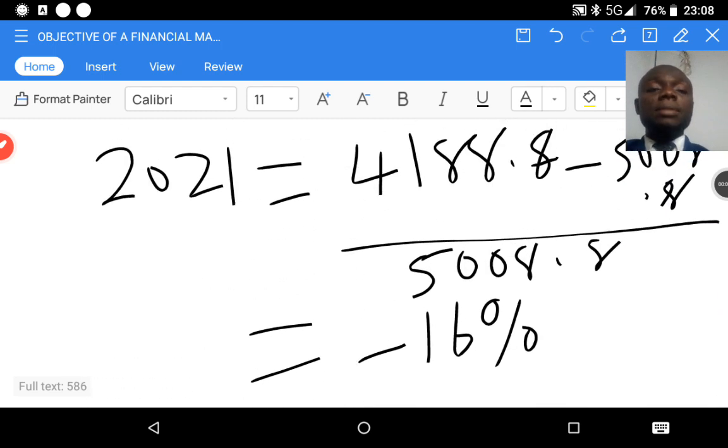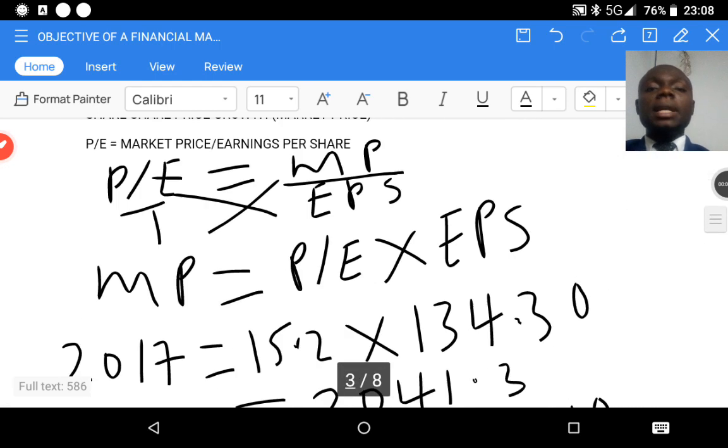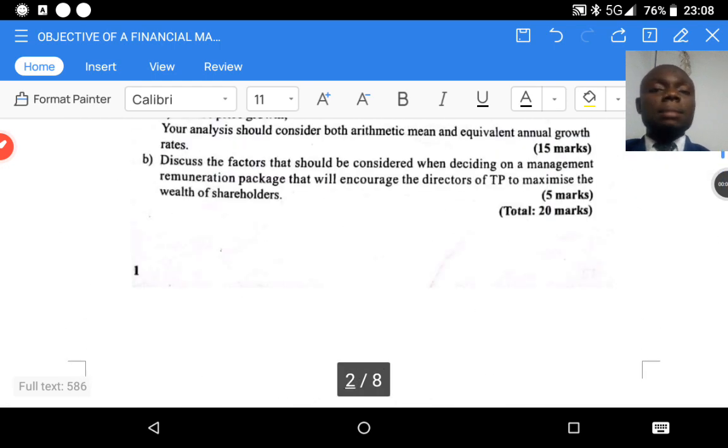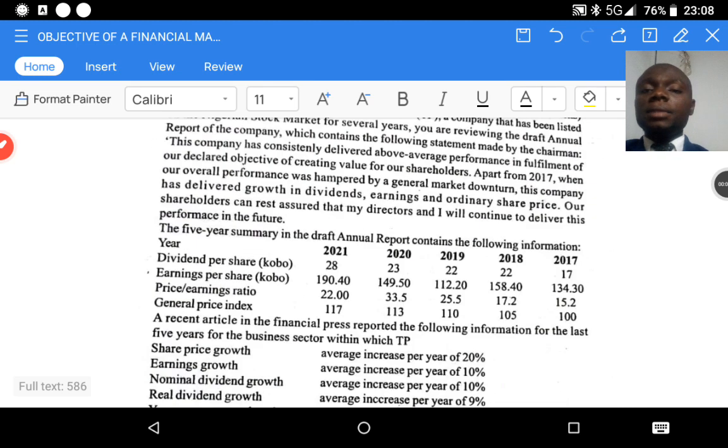Let's check the current dividend together so that we will understand better. The current dividend is for 2021, which is 28, while the earliest is 2017, which is 17 kobo.